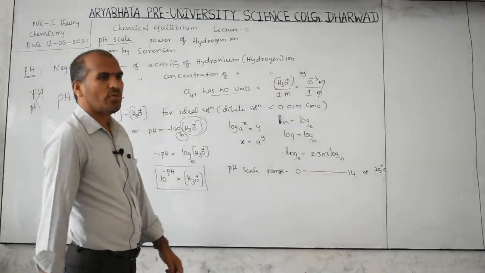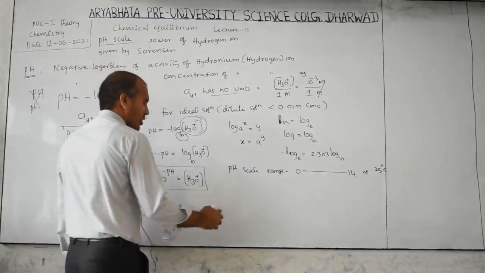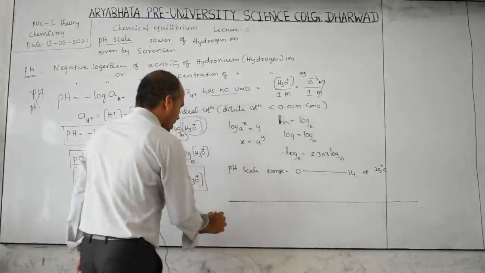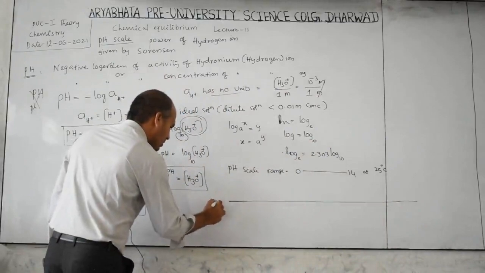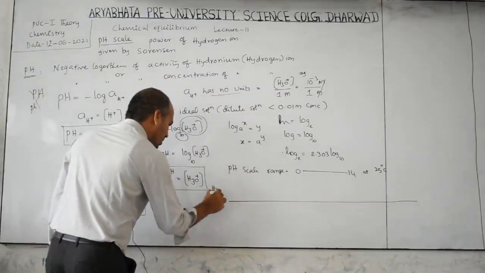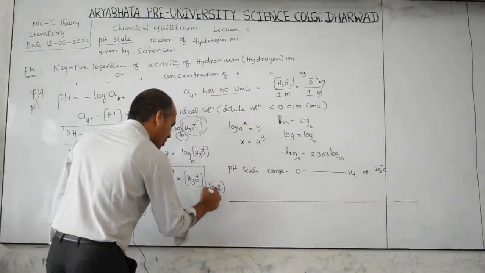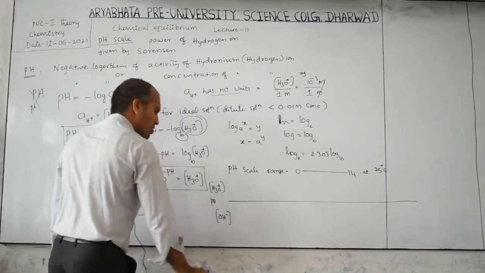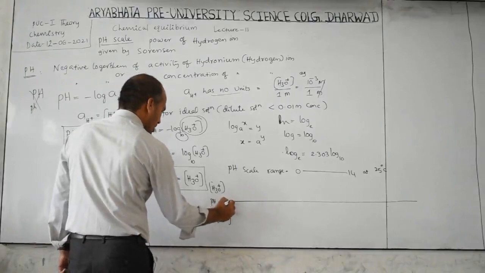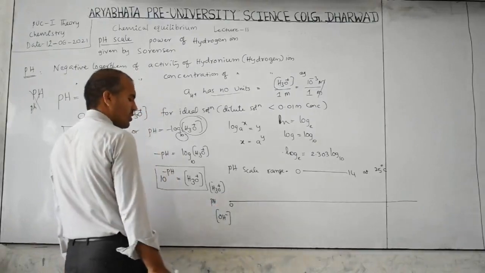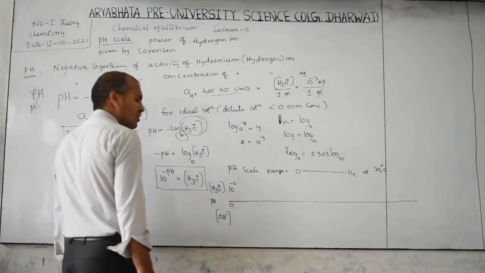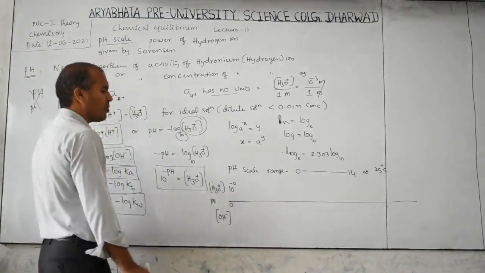Therefore I want to draw one scale here: pH, the H3O plus (hydronium) ion concentration, and the OH minus ion concentration. When pH is 0, the concentration is 10 power minus 0, right, there is no problem.